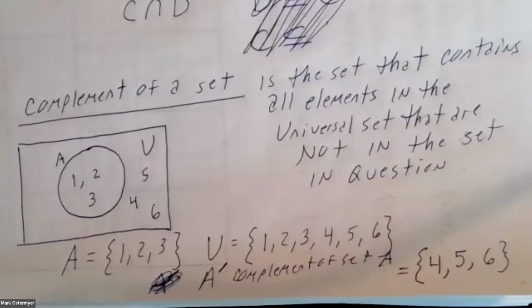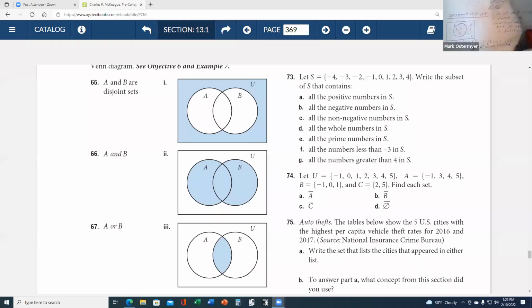All right, let's go back to our textbook and try to do this problem here. So I have a question. If you look at Venn diagram I, this first one here, the shaded region represents the elements in the set of interest.